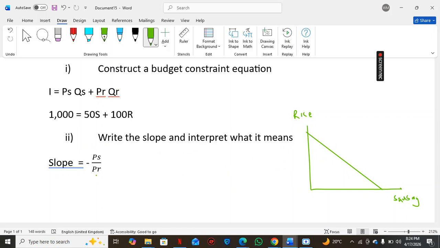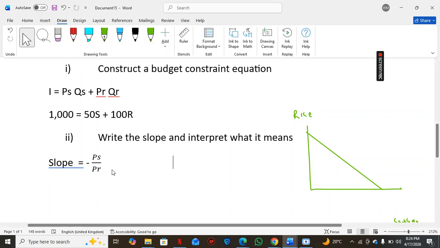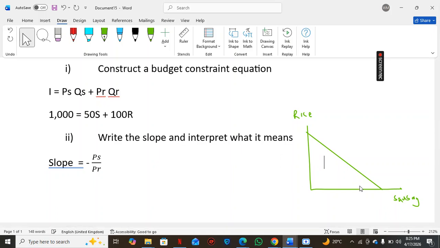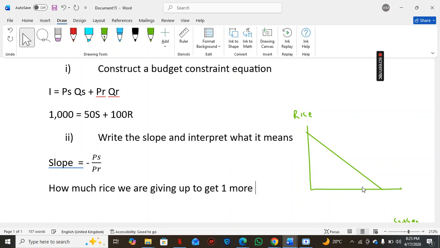What this slope represents is how much rice we are giving up to get one more sausage.